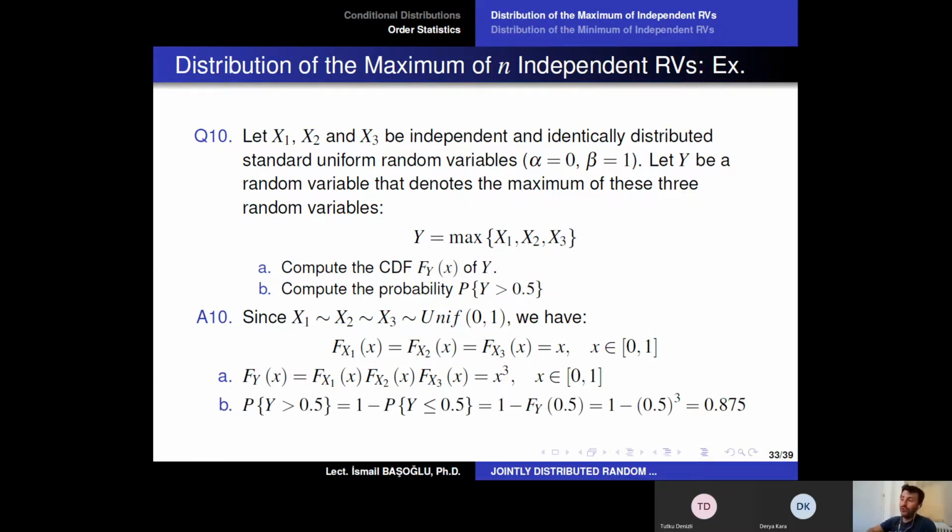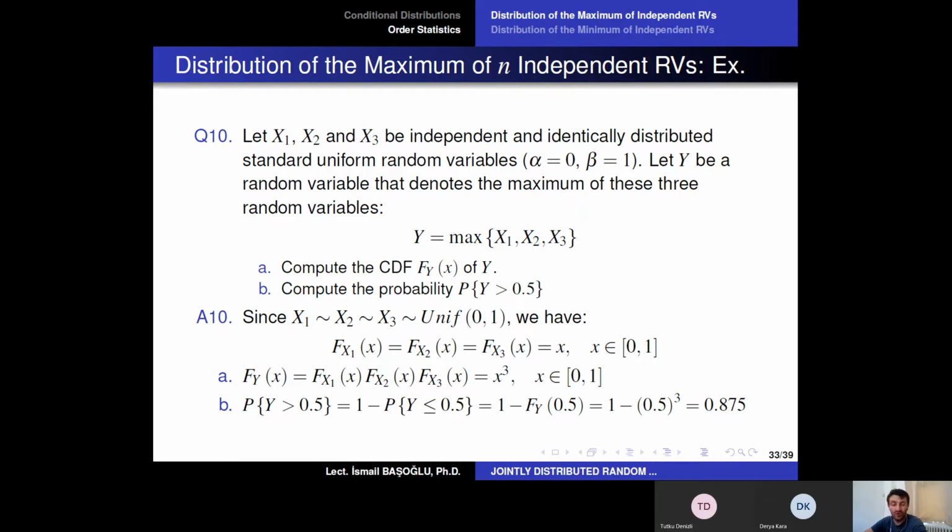And we compute the probability of y being greater than 0.5 as 1 minus the probability of y being less than or equal to 0.5, which is basically 1 minus the CDF of y at 0.5. That is 1 minus 0.5 to the power 3, and it is equal to 0.875.